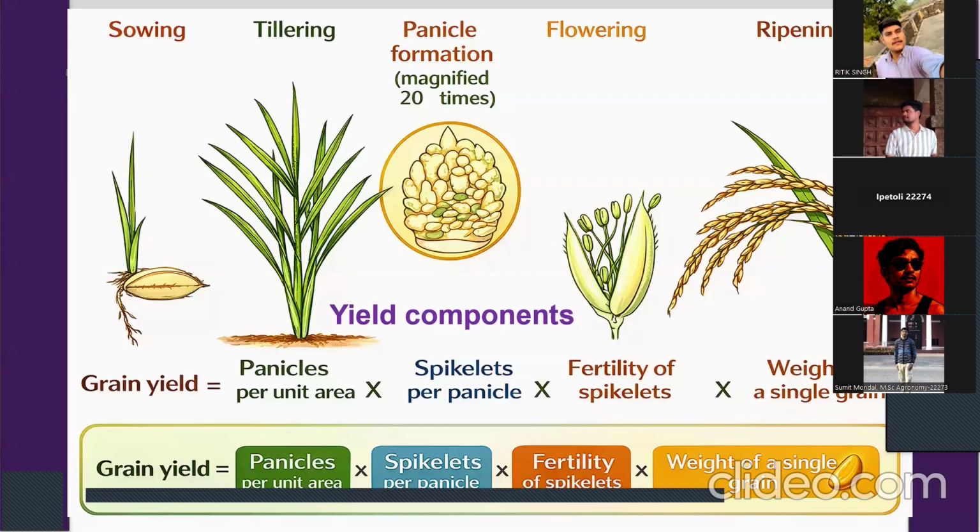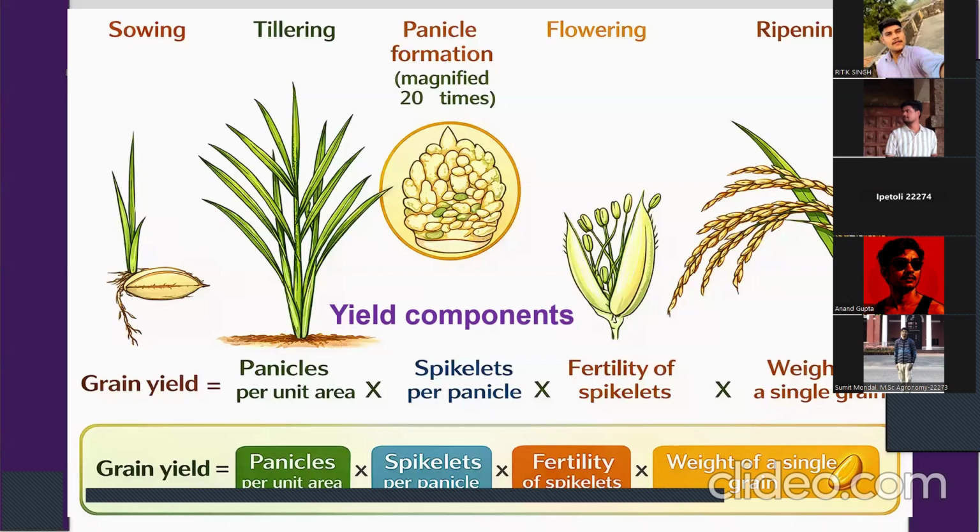They have fixed that every 1 meter square area of rice should have this much number of tillers, and this much number of tillers will give so many panicles. So they manipulate it to optimize the yield. Therefore, tillering is important to get more panicles per unit area.